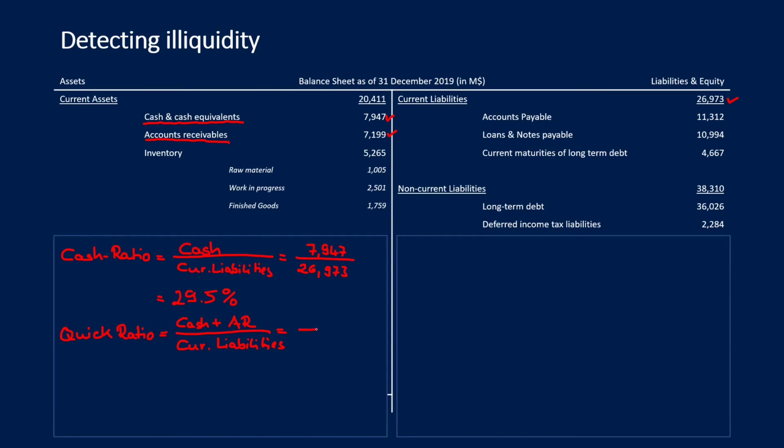And in our example, this would be 7,947 plus 7,199 divided by 26,973. And that is 56.2%.